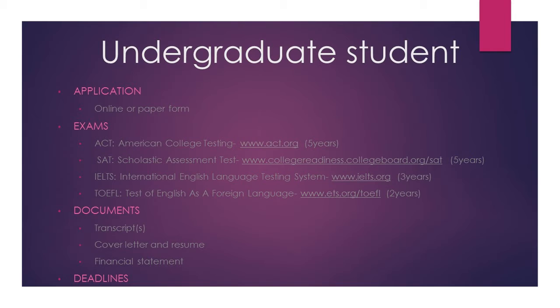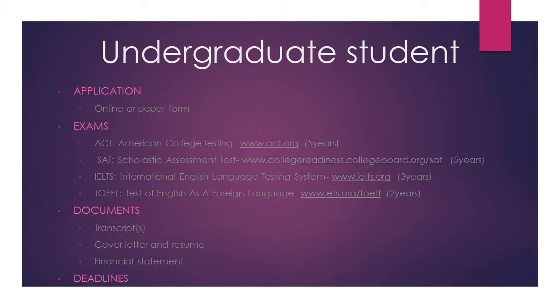And then you also need to prove your English proficiency. These are the second two exams. What this means is that since American universities conduct their lectures or teach their classes in English, it is expected that students, especially international students, must prove their proficiency in the language.